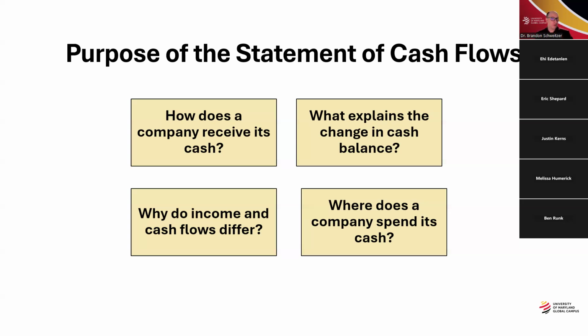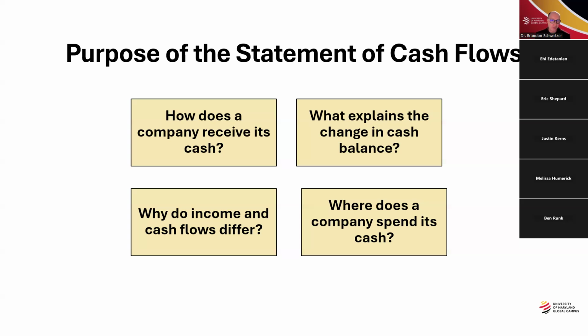We're paying our bills, we are paying our employees, we're purchasing property, plant, and equipment, or we're repaying loans, paying interest, etc. So the statement of cash flows represents the cash coming into and out of the business, and it's separated out into three areas.